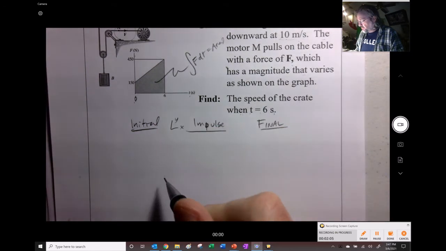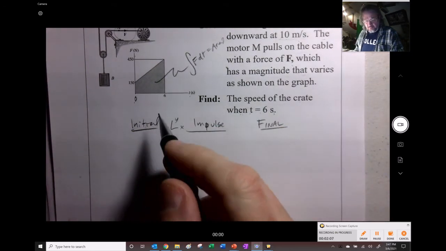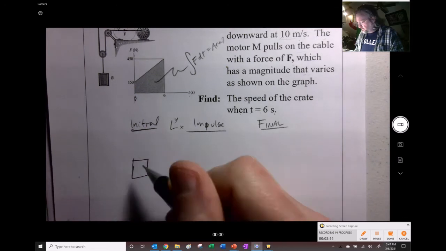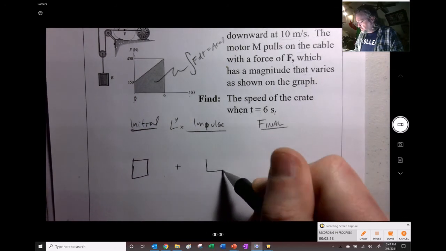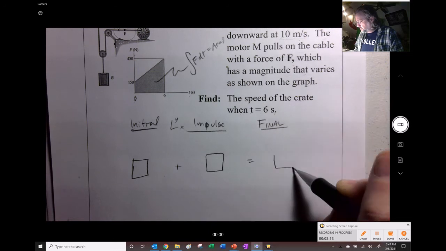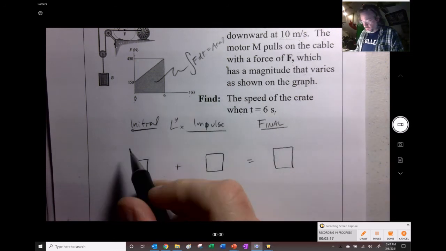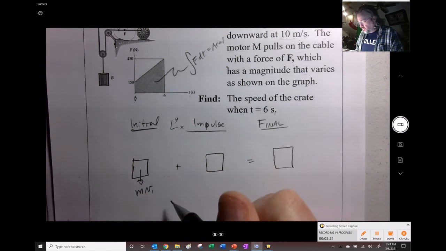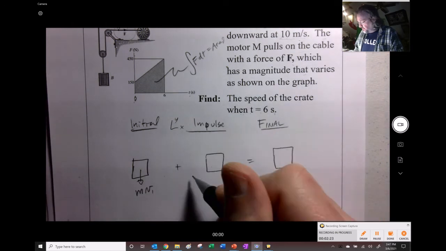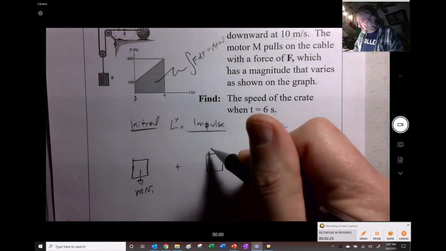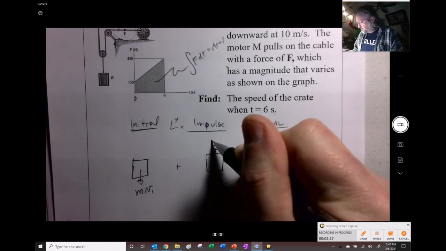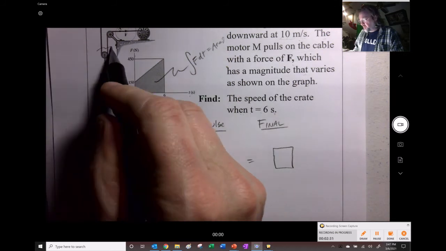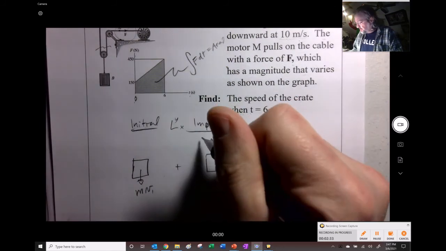And we go X and Y. So this one, initially, is going mv1 and it's going downwards. And this thing has two cables pulling on it. We could cut the cables apart right there. You can see that it has that.